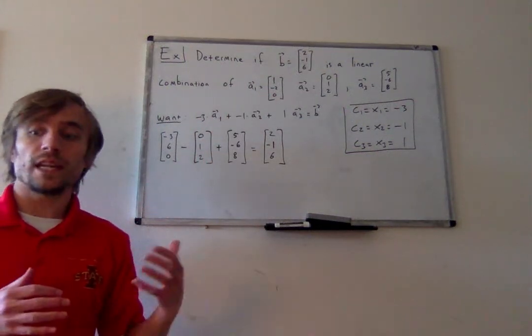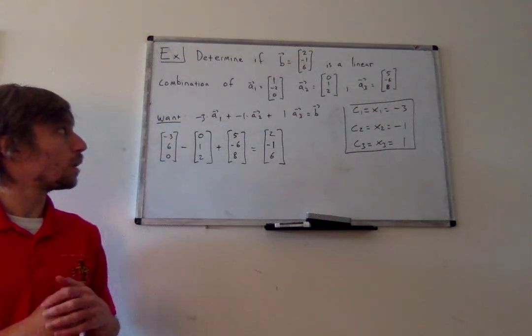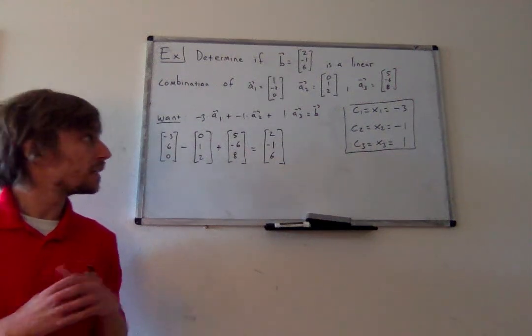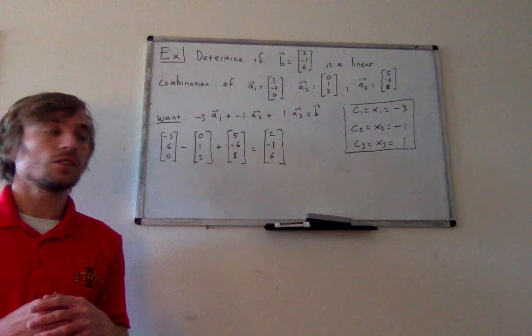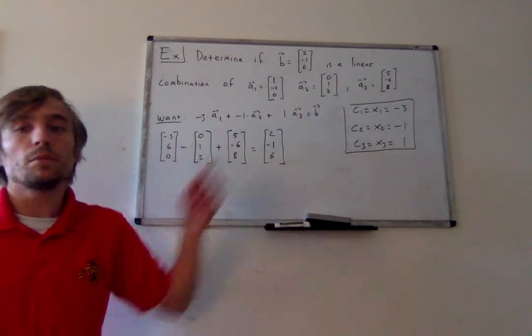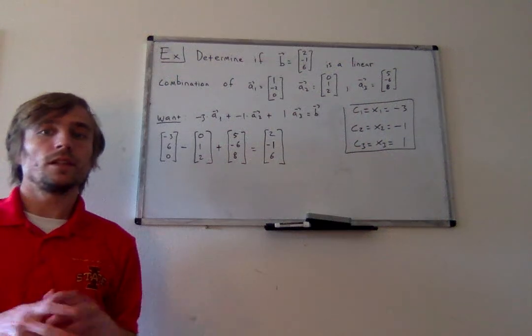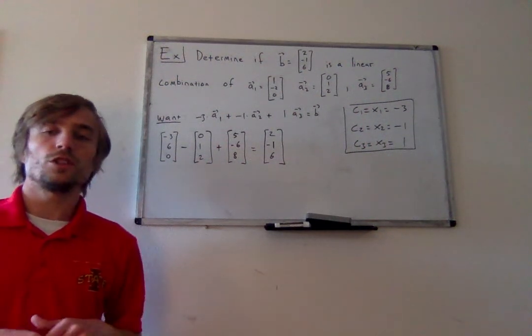But any solution I get to the corresponding system will correspond to a set of weights, C1, C2, C3, that I can place on A1, A2, A3 in order to get B as a linear combination. So it turns out solving vector equations is equivalent to solving systems of equations, which is equivalent to row reducing matrices.